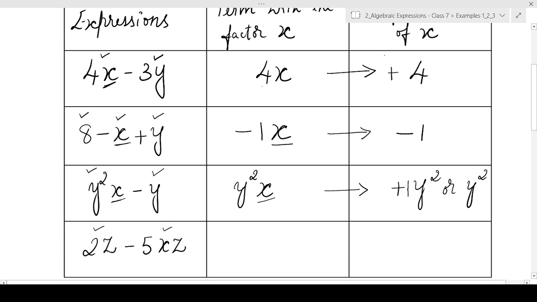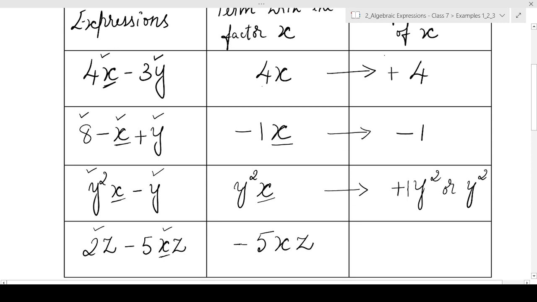Yes, it is made up of 2z and minus 5xz. So which is that particular term here which has x as its factor? 2z does not have x, so forget about it. x is present over here, right? So the term which has the factor x in it is minus 5xz.